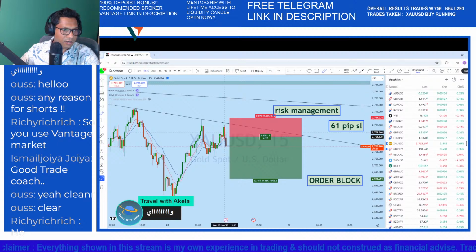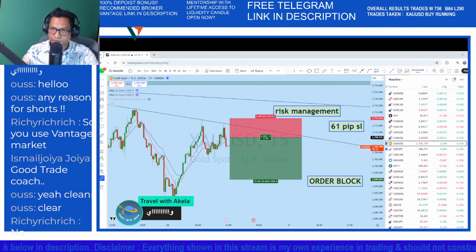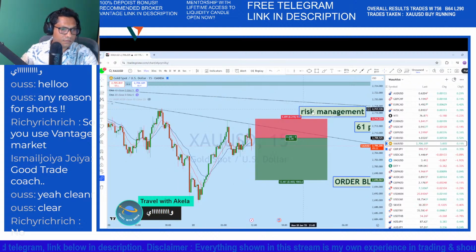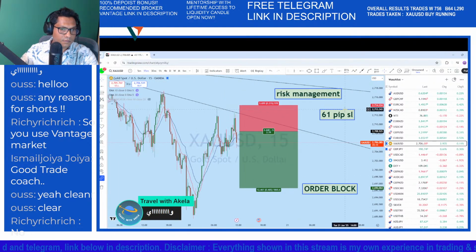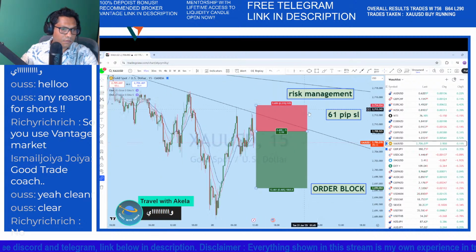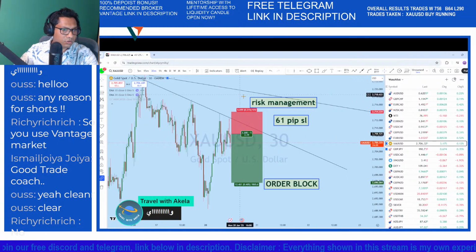A bearish engulfer, another bearish candle, expecting the market to drop here. So you can see a downward pressure.